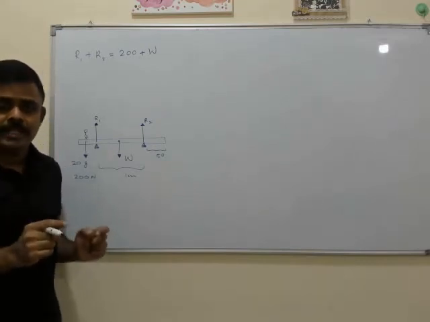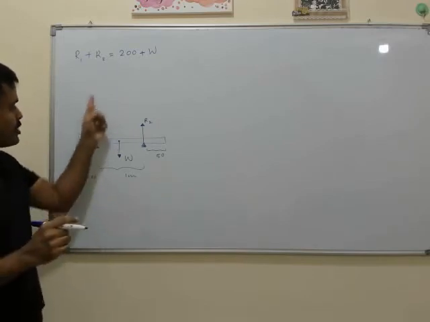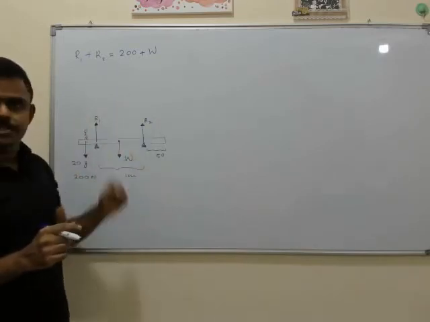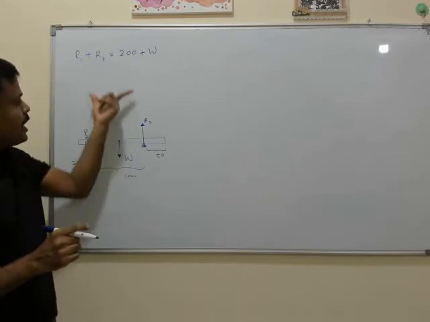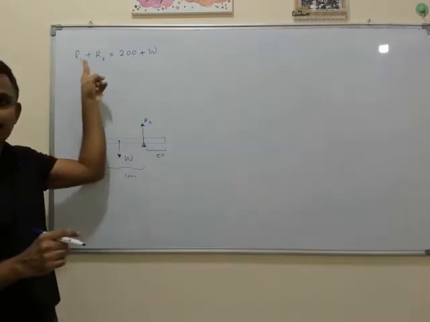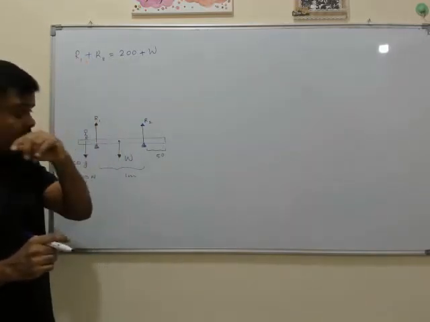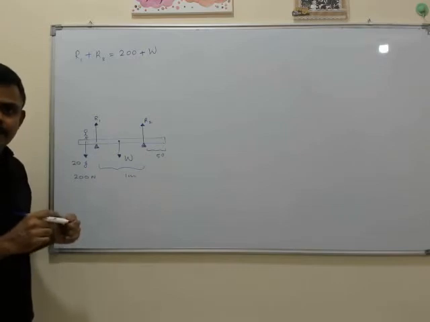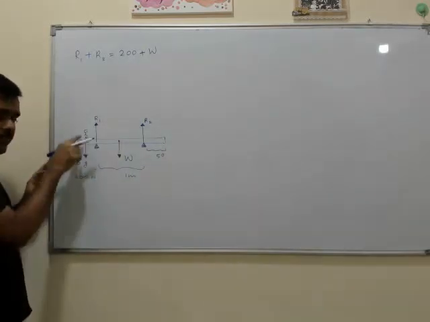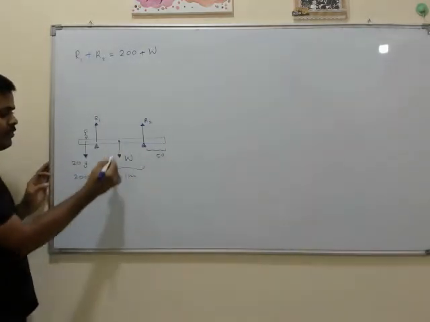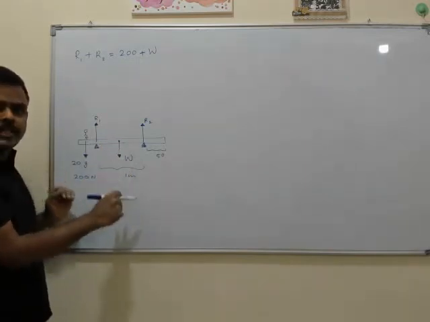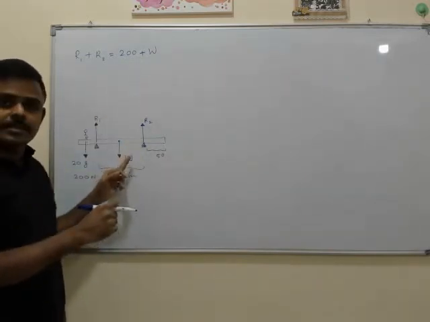What are the forces in the upward direction? One force is R1, another force is R2. So the total force in the upward direction is R1 plus R2. What is the total force in the downward direction? One force is 200, the weight of this girl. Another force is W acting through the center of mass, the weight of this rod.